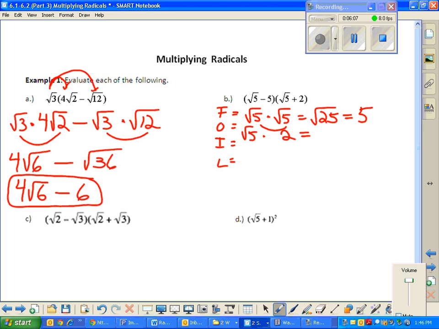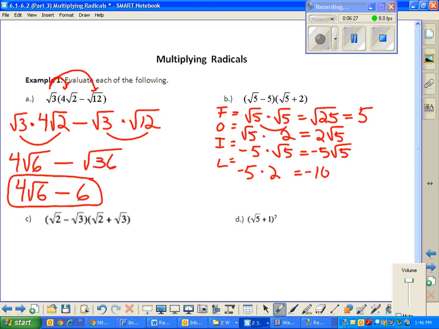We're not allowed to multiply those together necessarily with a product property per se. This is just going to be 2 root 5. My inners, I have negative 5 times the square root of 5. That's negative 5 root 5. And then your last, negative 5 times 2.